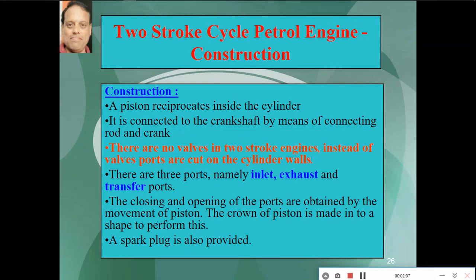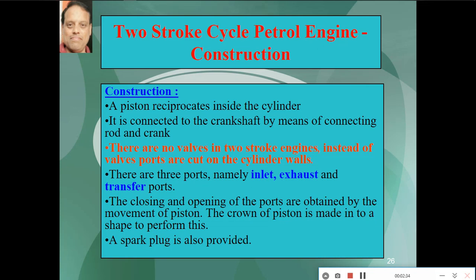In the case of a 2-stroke petrol engine, there is no valve. In place of valves, we have ports. Ports are nothing but openings. So there can be an inlet port, exhaust port and transfer port. As we have seen in the previous slide, all these exist on the sides of the cylinder. The opening and closing happens automatically.